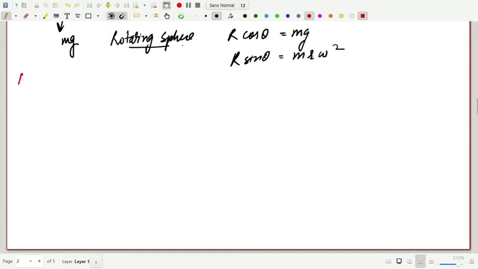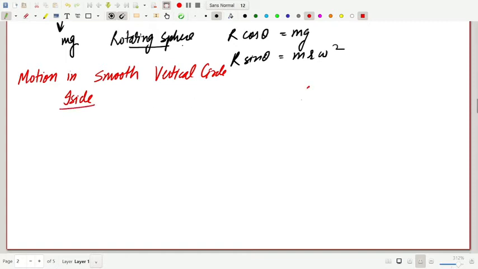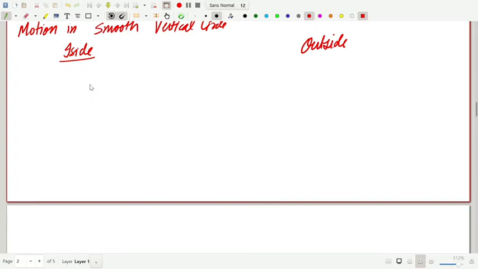Now, let's talk about motion in a smooth vertical circle, inside, outside. Now, in the inside case, let's first see the diagram.